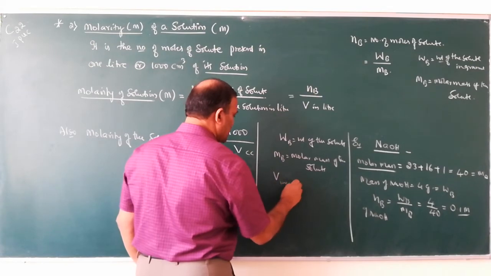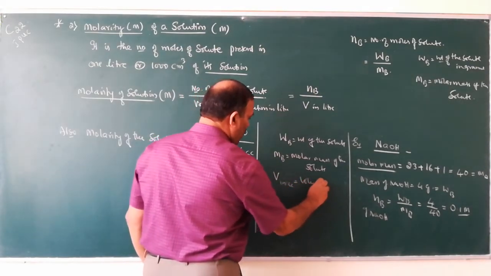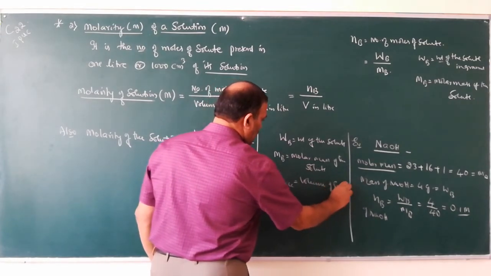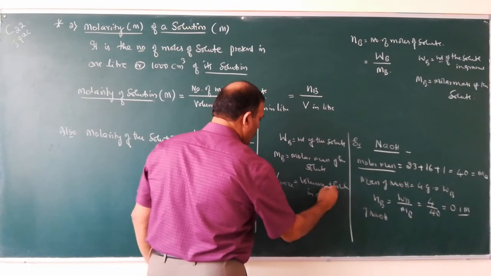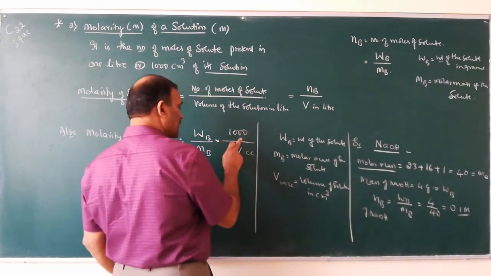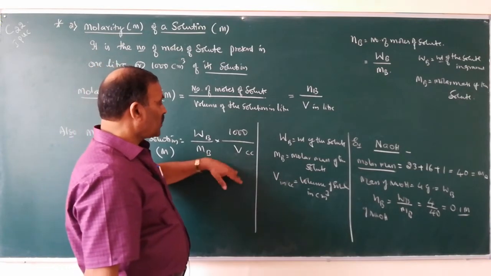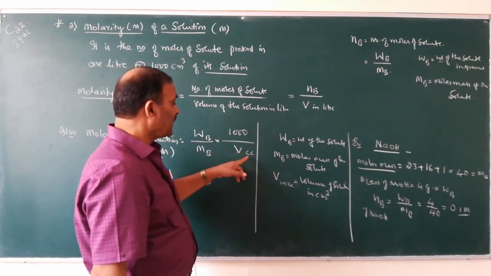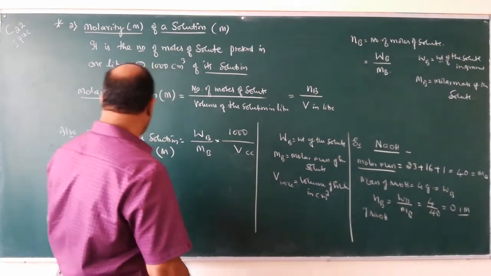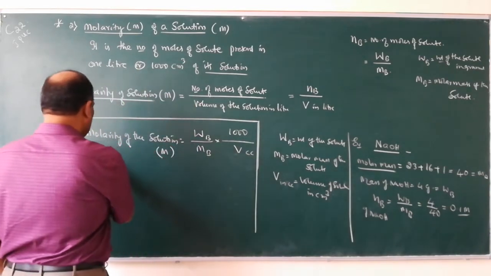V in cc equals volume of solution in cm cube, not in liters. If it is divided by 1000, that goes to numerator, and the volume becomes in cc. So this is the formula to calculate molarity of the solution.